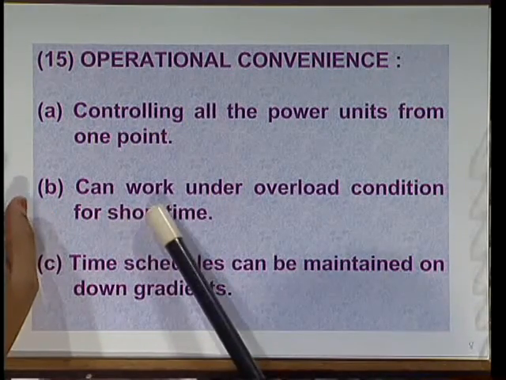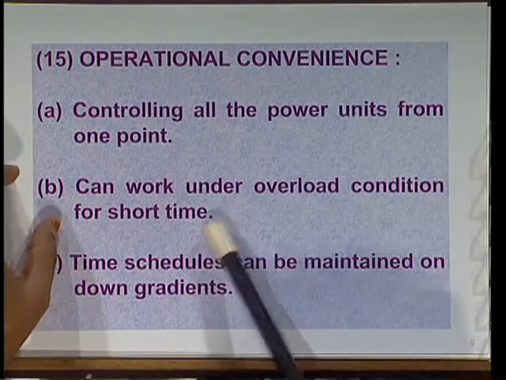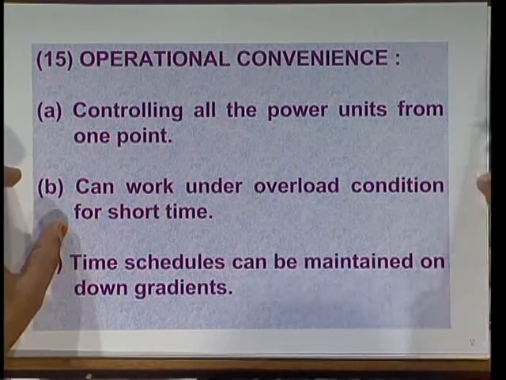The electric locomotive can work under overload condition for short time. It can run under overload condition for short time by drawing unlimited power from the source. This is not possible in the case of steam engine drive.